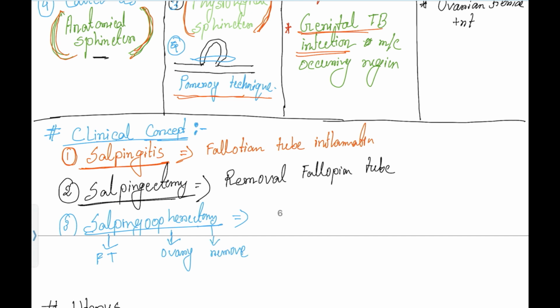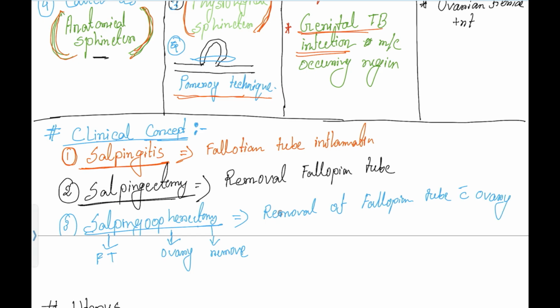So when we remove both the salpinx, that is the fallopian tube, along with the ovary, we will call it salpingo-oophorectomy.